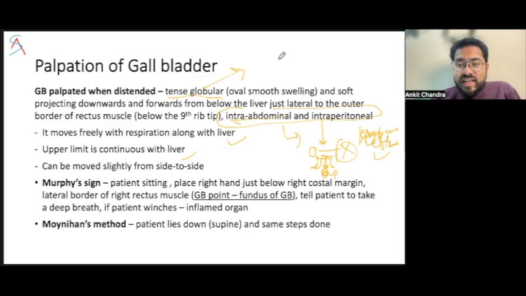Gallbladder is palpable when we say it's distended. It's seen in case of mucocele, empyema. In case of acute cholecystitis, it could also be palpated.